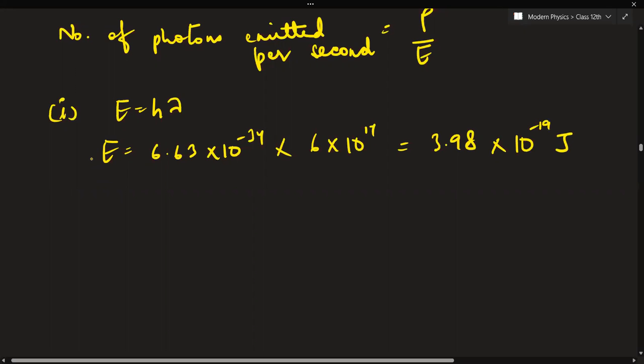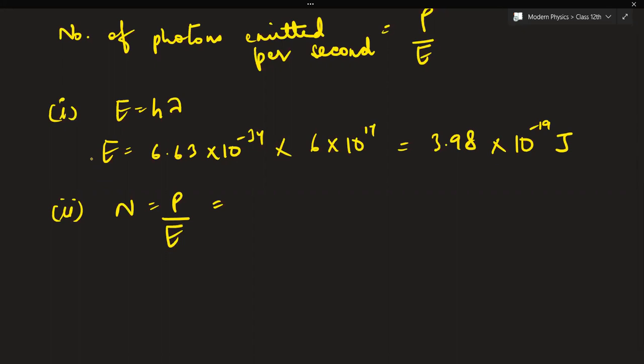This is the energy. Now, in the second part, the number of photons is asked. So that will be power by energy. Power is how much? 2 into 10 to the power minus 3, divided by the energy, 3.98 into 10 to the power minus 19.